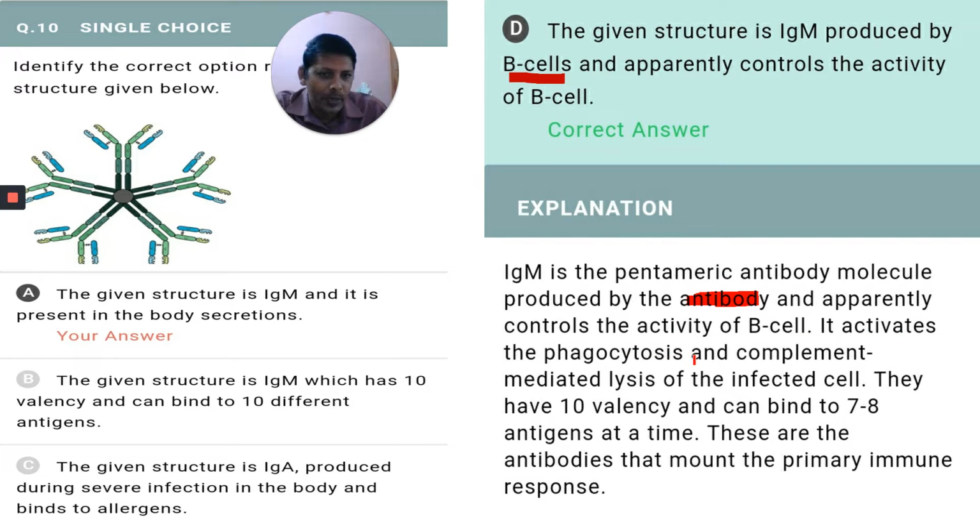It activates phagocytosis and complement-mediated lysis of the infected cell. You learned this in humoral immunity. They have 10 valency and can bind to 7 to 8 antigens at a time. These are the antibodies that can mount the primary immune response.